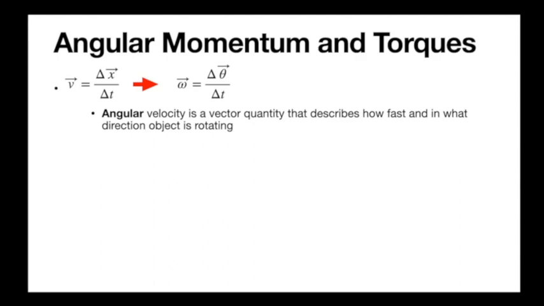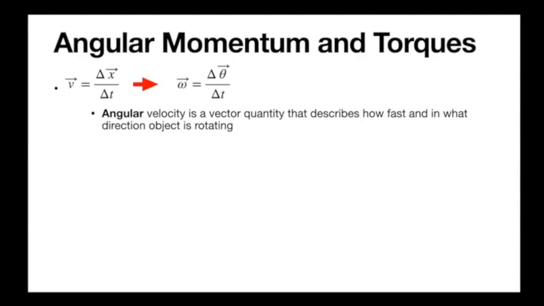But very quickly, when it comes to velocity, instead of describing a translation from one point to another, we're going to describe a change in angle. So rotation divided by time. So this omega, this curly w, is a vector that describes how fast something is rotating or spinning, right?